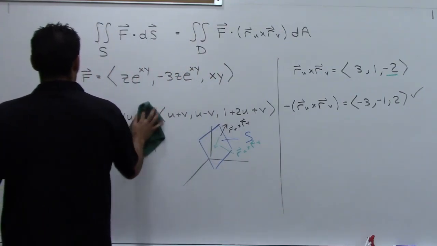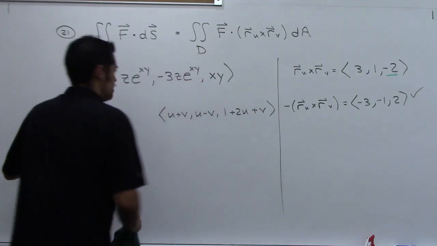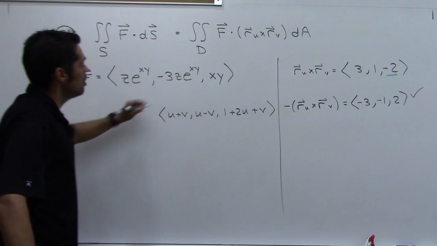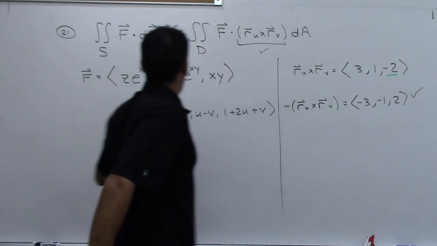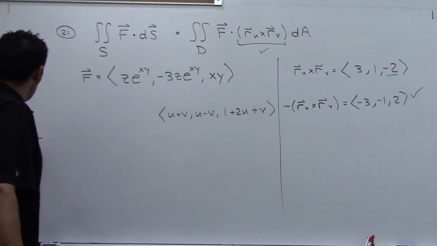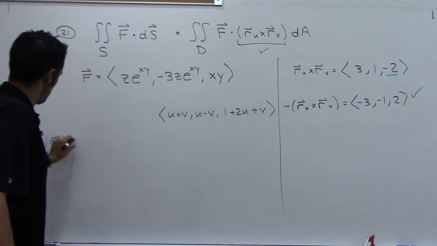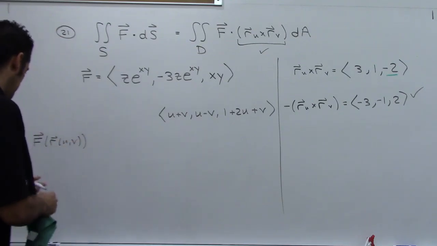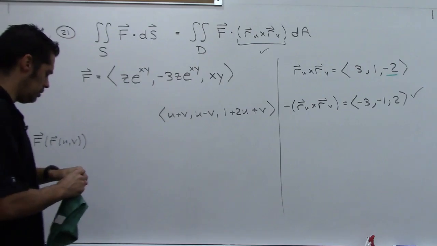So I'll set up separate work, because I'm trying to get these two parts. I've got this part. Now I need F, the field evaluated on the surface, which is a vector.